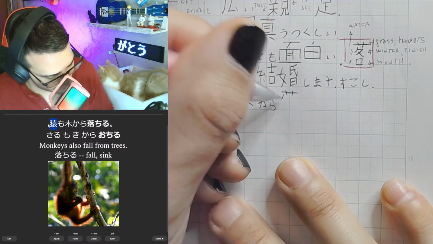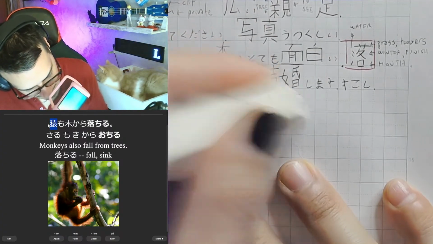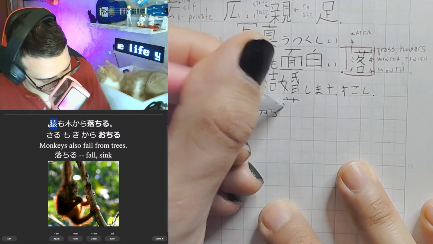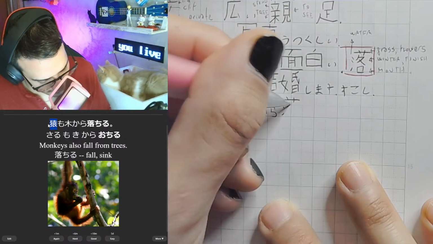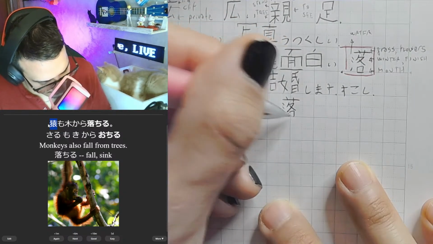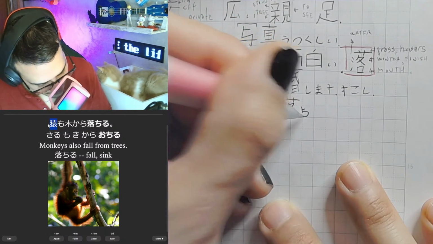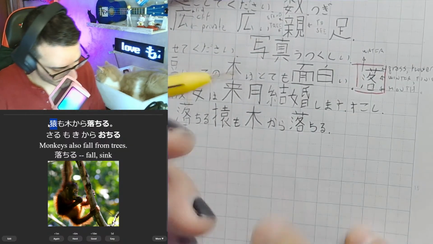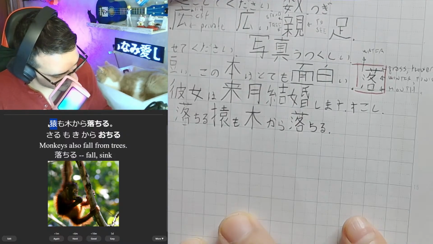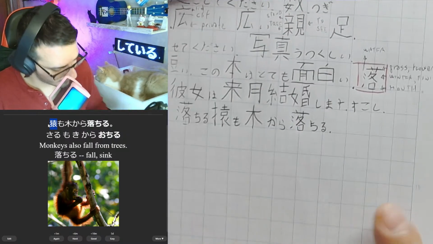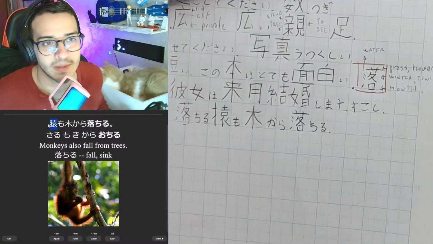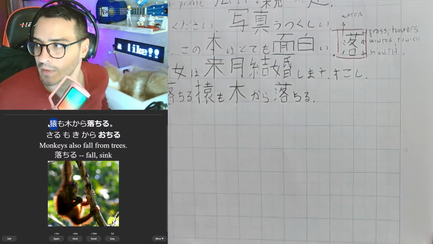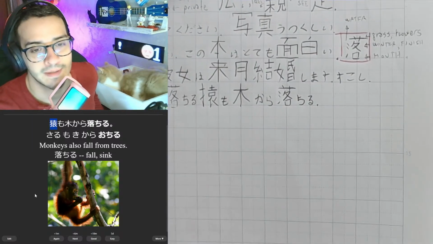Flower, mizu, winter, and mouth. Monkeys also fall from trees.